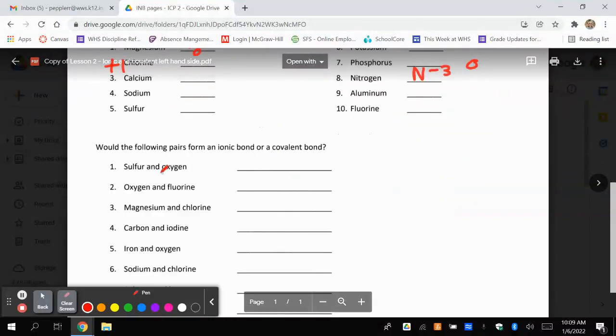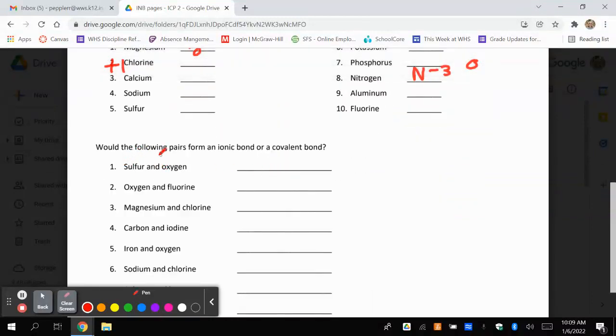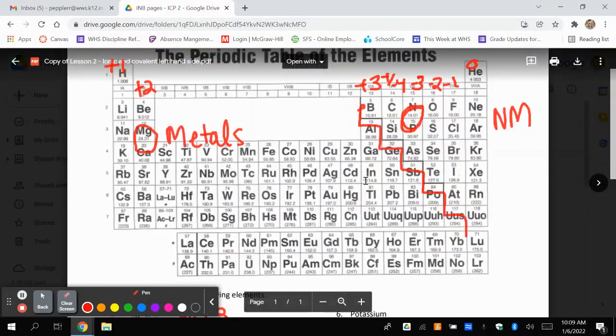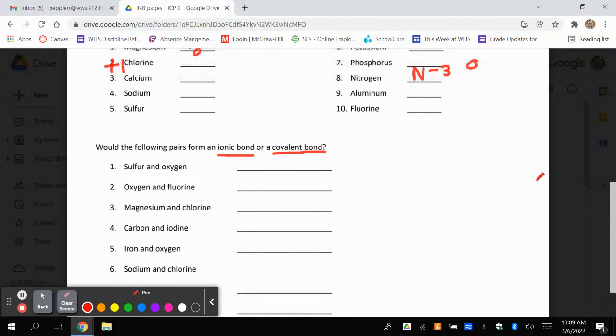Part 2 is when you need to decide if the following pairs form an ionic bond or a covalent bond. We're going to do 2 of these together. Remember, ionic bonds form between a metal plus a non-metal.